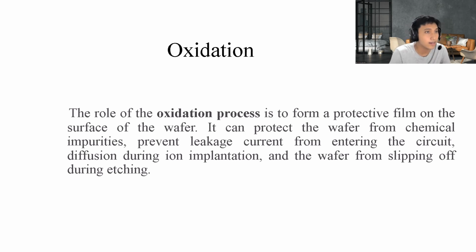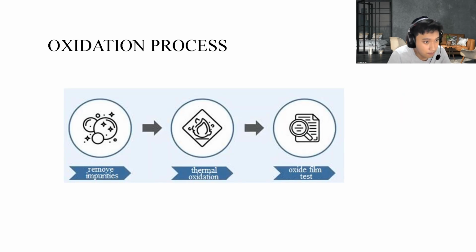The next part is oxidation. The role of the oxidation process is to form a protective film on the surface of the wafer. It can protect the wafer from chemical impurities, prevent leakage current from entering the circuit, prevent diffusion during ion implantation, and prevent the wafer from slipping off during etching. The first step of the oxidation process is to remove impurities and pollutants, such as organic matter, metals, and evaporation residual moisture, with 4 steps.